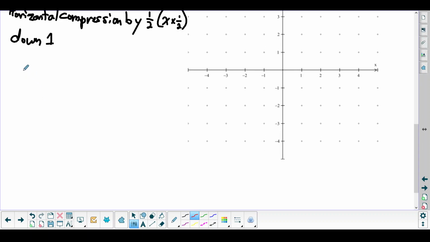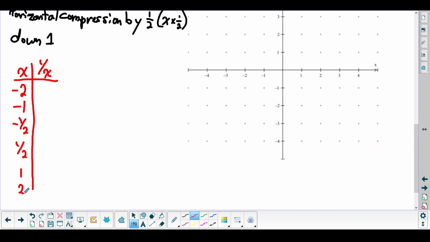Okay, so let's do that. Let's do our starting table of values. X, 1 over x. I'm going to do it a bit quicker this time. Okay.